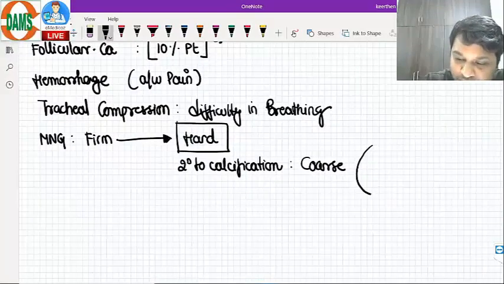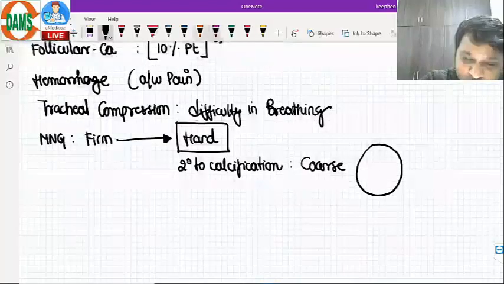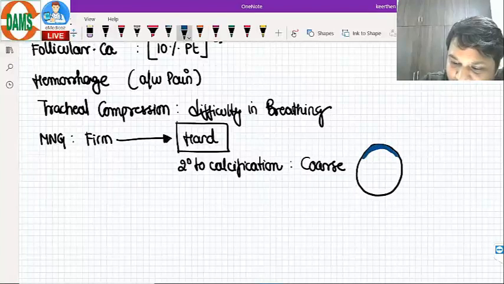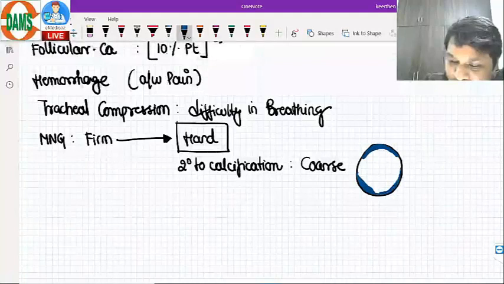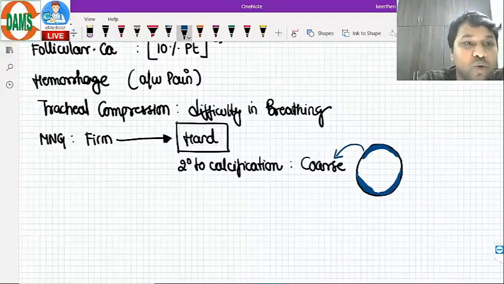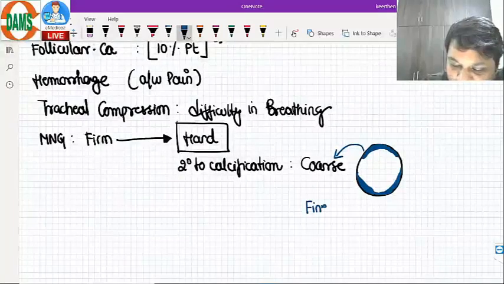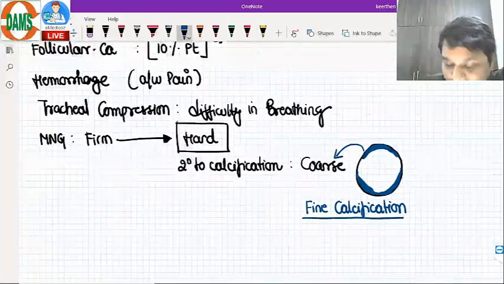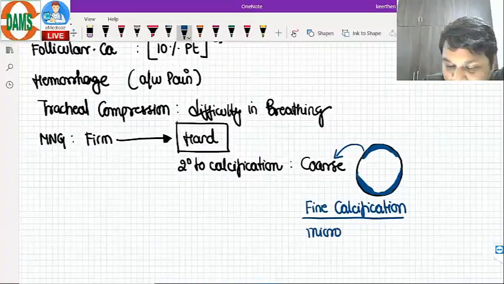So when you do an ultrasound, in the periphery you will see a thickened rim of calcification. It won't be spicules or small dots. There will be a full rim of calcification, and such calcification is called coarse calcification. If you ever come across fine calcification, specifically in thyroid, it is also referred to as microcalcification.